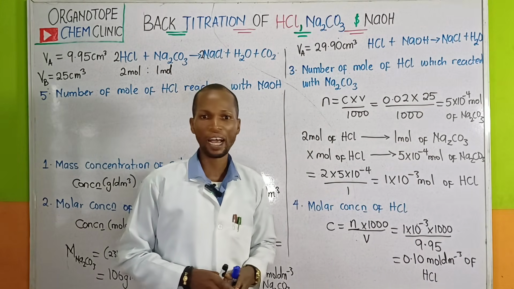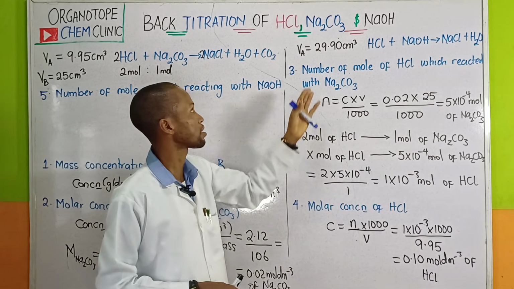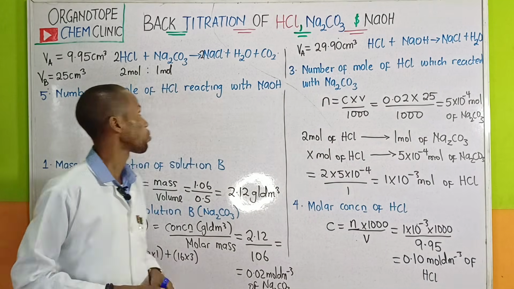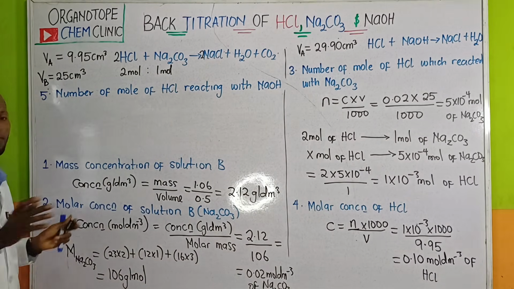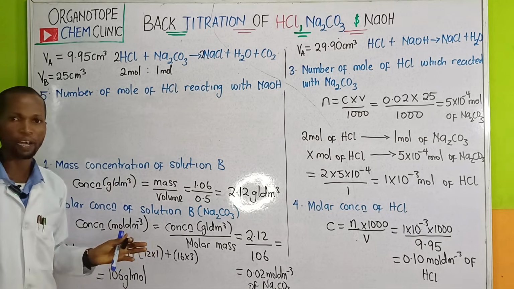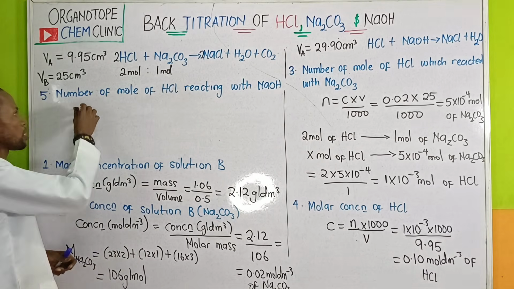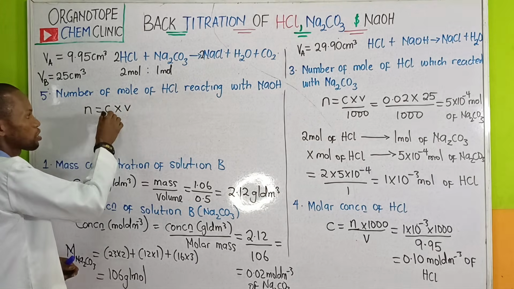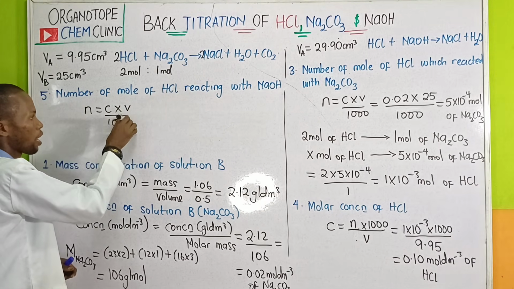What is the volume of acid used? The average volume of acid used is 29.90. Okay, so we can determine the number of mole of HCl that reacted with sodium hydroxide. So what we need to do is n equals CV, that is concentration times volume divided by 1000.